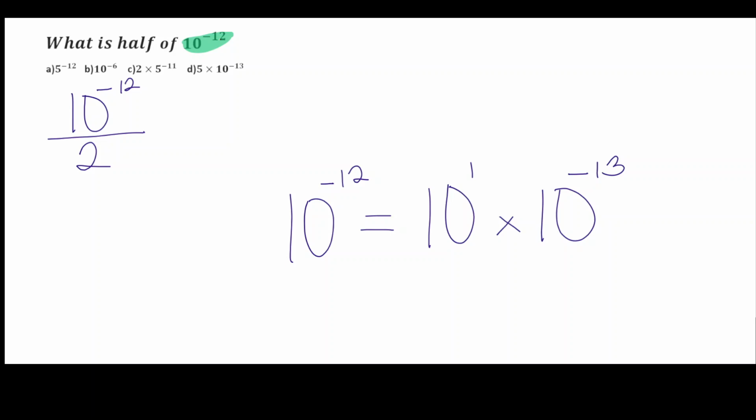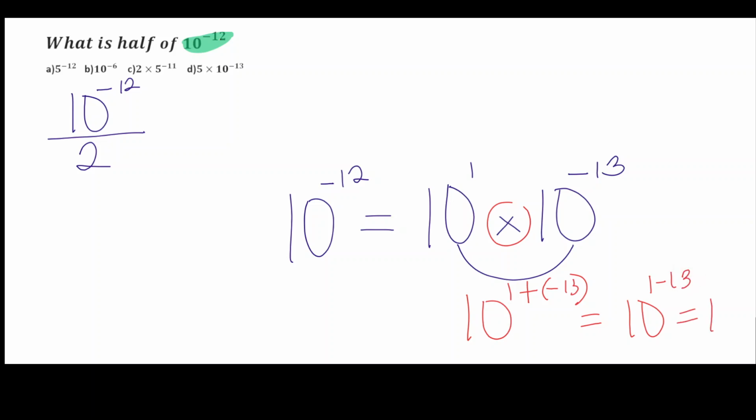One of the laws of indices says when we have the same base and the relationship is multiplication, all we just need to do is add the powers. So this can be written as 10 to the power of 1 plus negative 13, which is 10 to the power of 1 minus 13, which is negative 12, as we have in the numerator there.